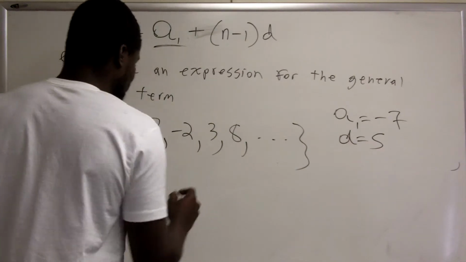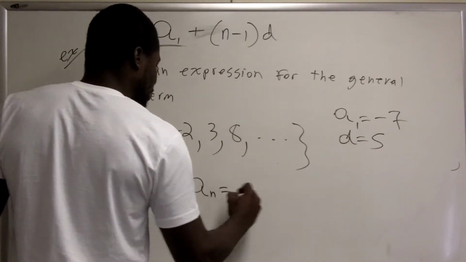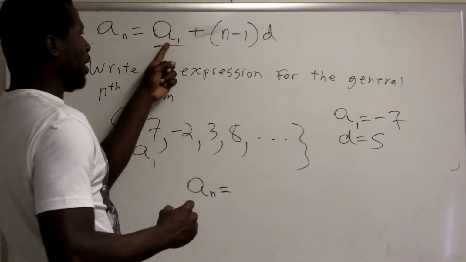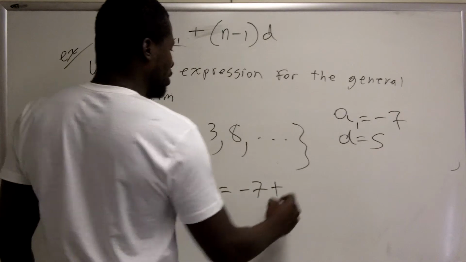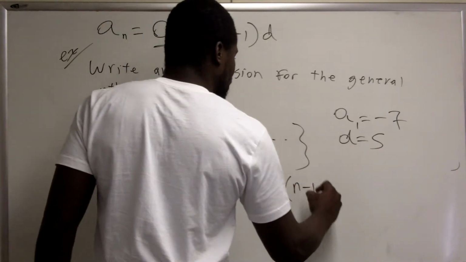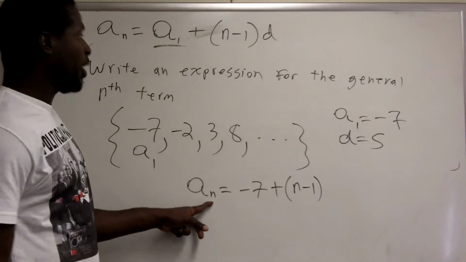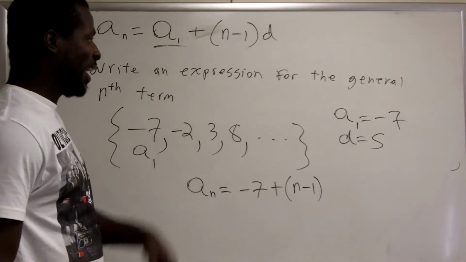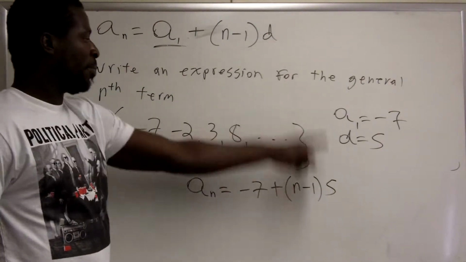So I get this for my nth term. My nth term, An, is equal to A1, which is -7, plus n minus 1. I don't know n, remember, until I can determine which term it is that I'm looking for. And I'm looking for the nth term, so I'm going to leave n as n, multiplied by 5. 5 is D, the common difference.